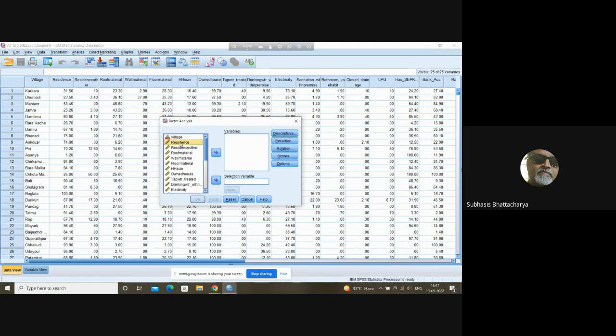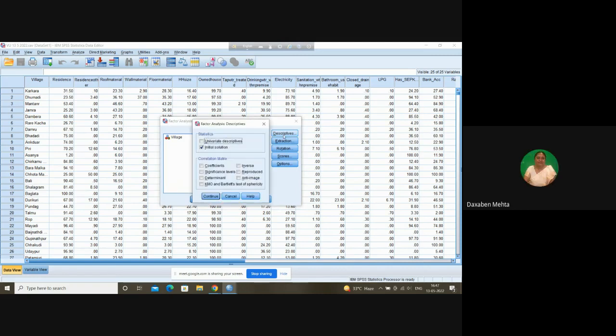Village is a string variable here, and we do not consider it, and the remaining variables, all variables, I transfer here. In descriptives, we select KMO and Bartlett test of sphericity.